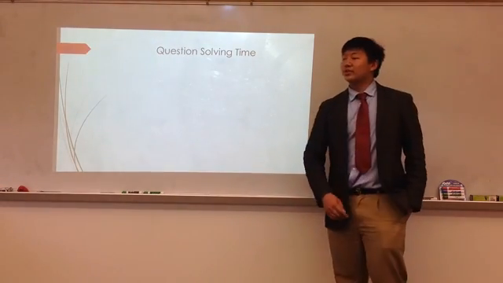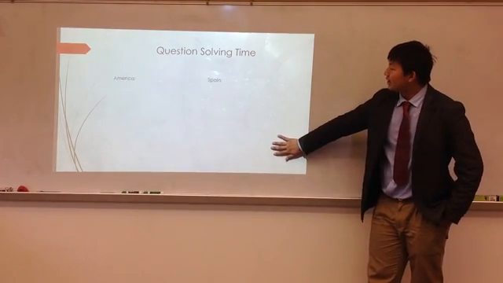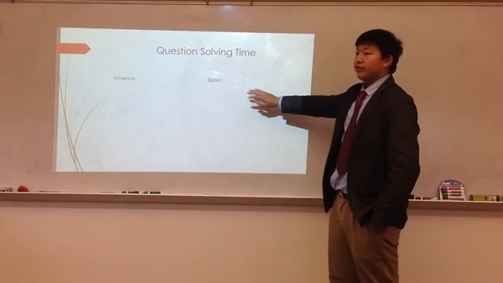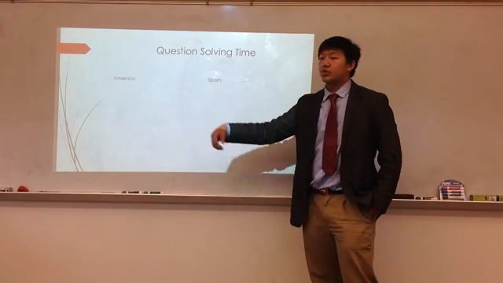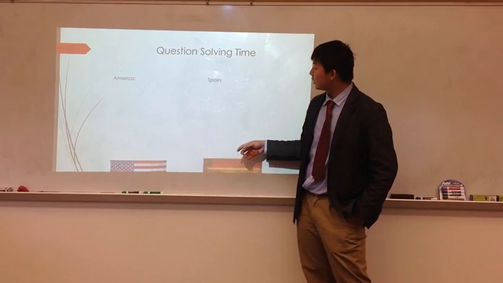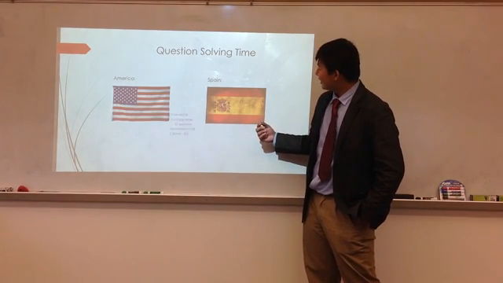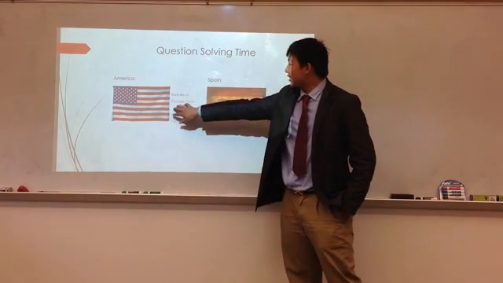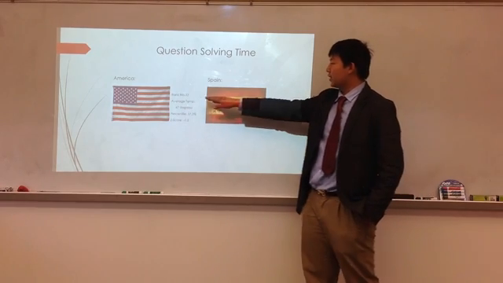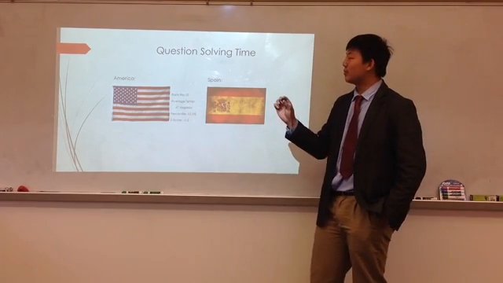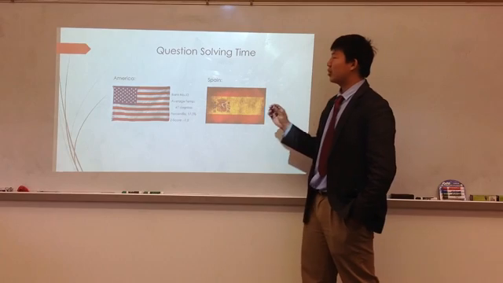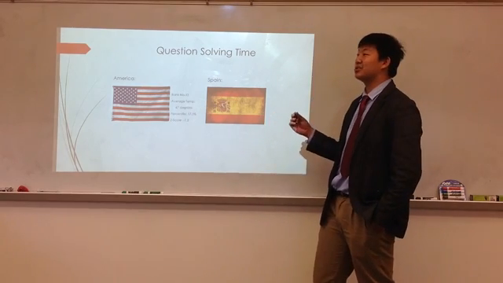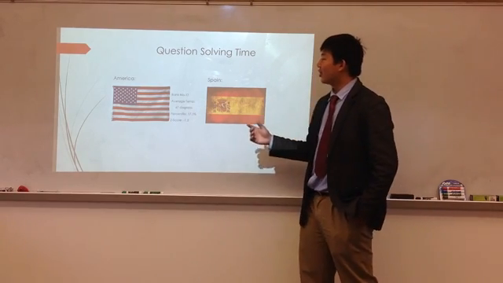And here's my question solving time. I choose America and Spain as different countries, and I researched their temperature. For America first, it's ranked number 33, so it's in the 33rd place of the temperature. It's kind of pretty cold because there are 191 countries in total.